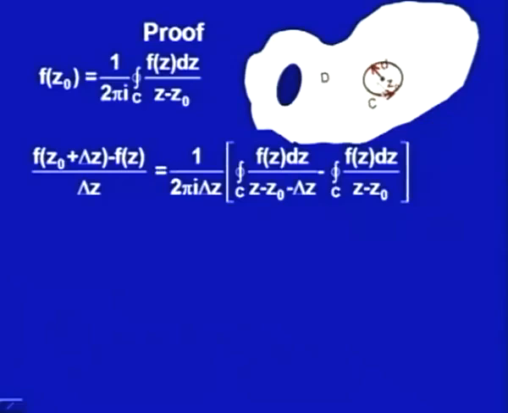So again using the Cauchy integral formula for that point, I can write f(z naught plus delta z) as 1 upon 2 pi i integral along the contour C of f(z) upon (z minus z naught minus delta z) dz.